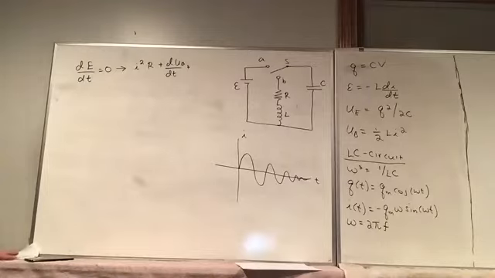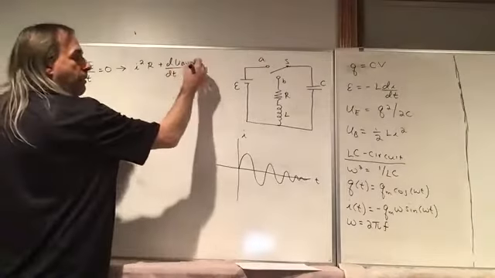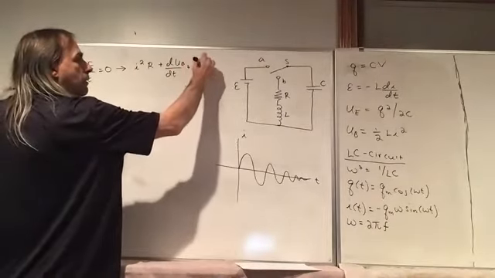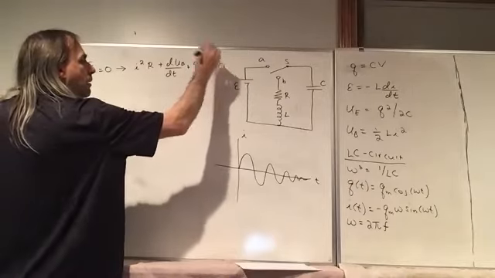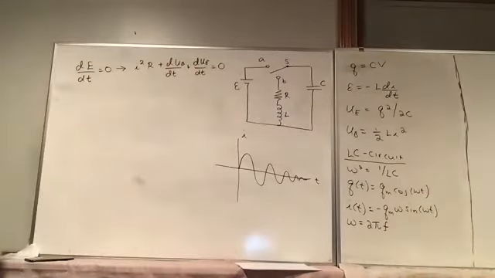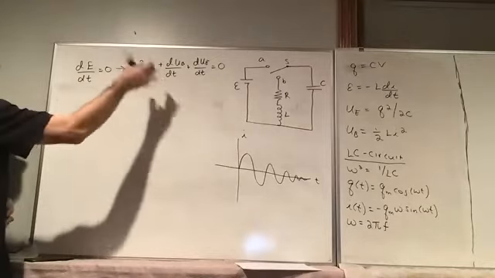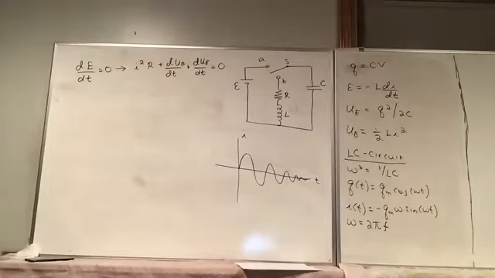So the rate that energy is changing in the inductor, we just take the time derivative of that. And then we have this, which takes everything into account. So this is the rate that energy is leaving the system.